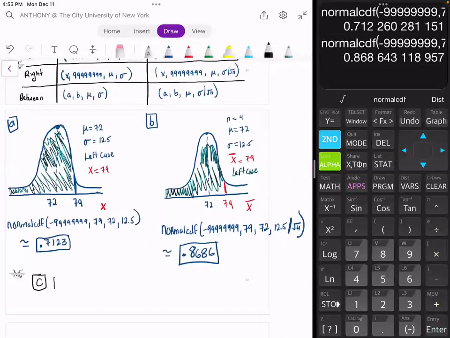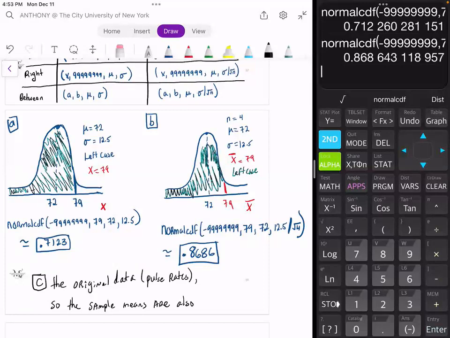The original data was normal. That was the pulse rates. So the sample means are also normal.